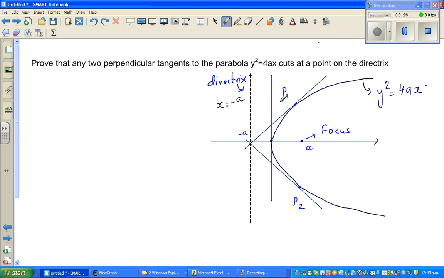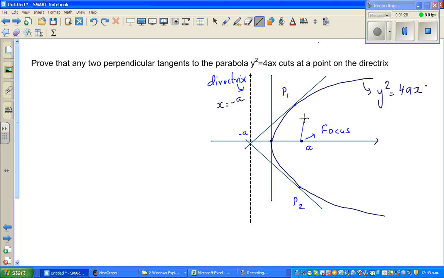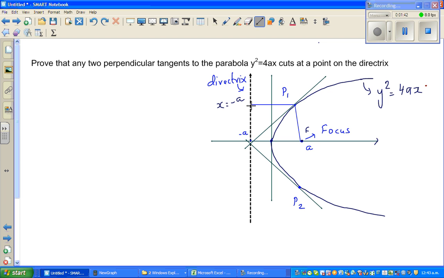Okay, so I'm not going into the definition. If you take any arbitrary point on the parabola, the distance from the focus to that point is equal to the distance of that point from the directrix. In this figure it doesn't seem to be. Now just to explain, as my drawing is not exact, suppose you take P1 as a point, this distance FP1 is equal to P1 to the directrix, whatever this point is.